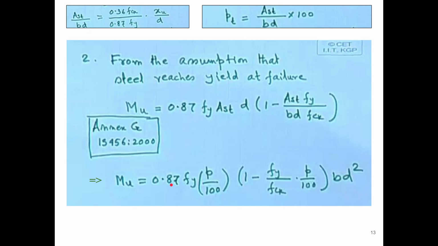It implies that Mu equal to 0.87 Fy, and AST is nothing but PBD by 100.